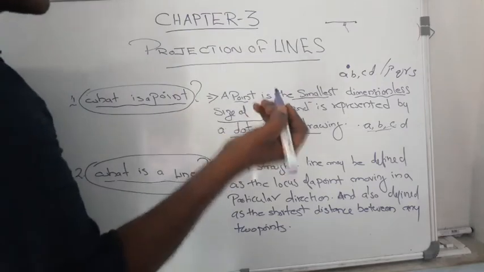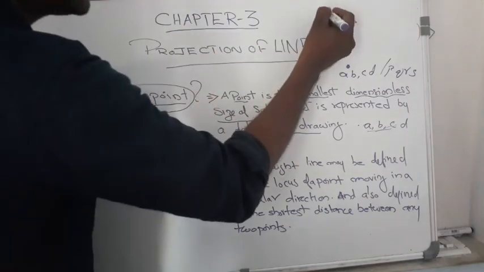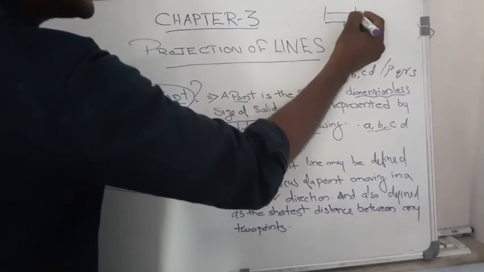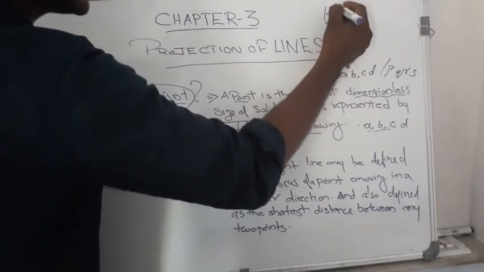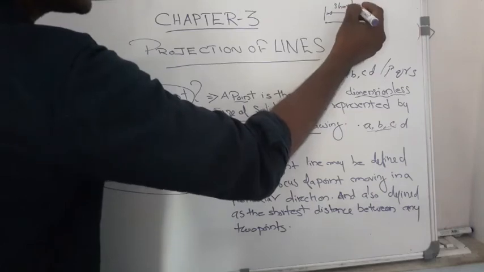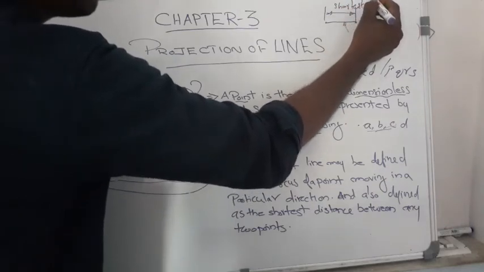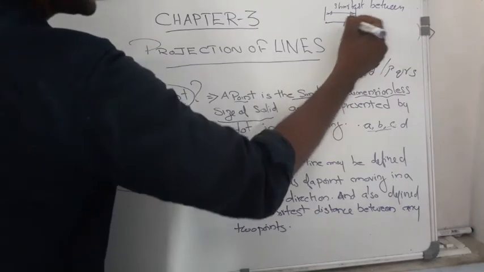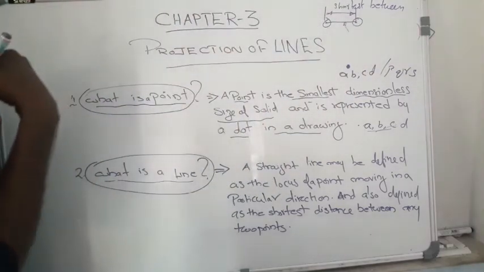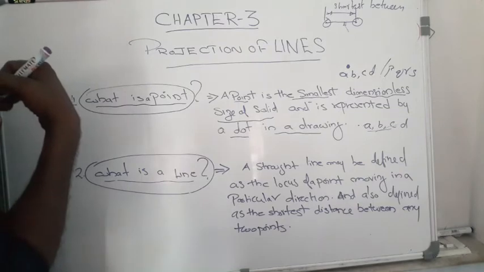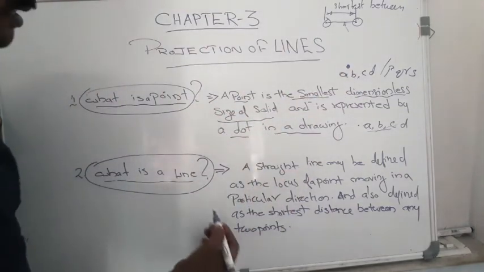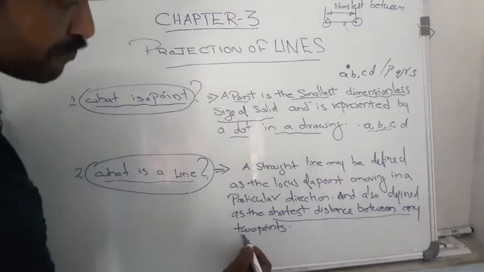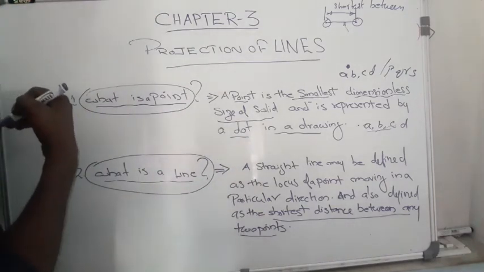So we can say that this is the shortest distance between 2 points. So we can say that the shortest distance between any 2 points is called a line.